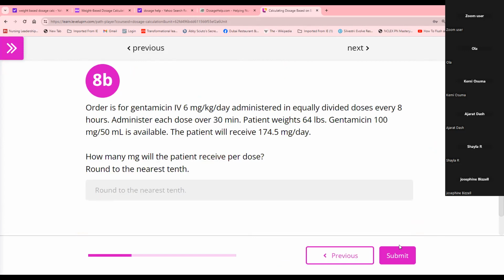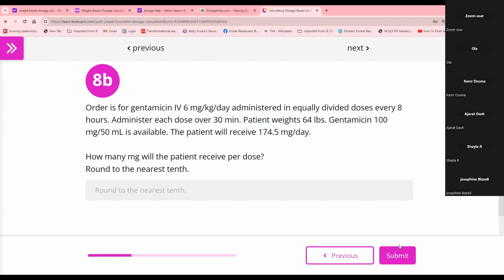And now it's going to ask us how much per dose. So how many doses? We're giving it every 8 hours. So how many doses are we giving? 3. Okay, so we're going to divide that by 3. And what'd you get? Hold on. 174.5 divided by 3 is 58.1.